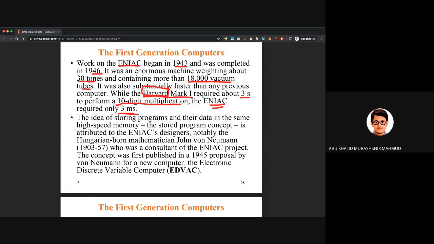So if you are asked what is the improvement from Harvard Mark I to the ENIAC computer, it is this point, that it takes very much less time compared to Harvard Mark I to calculate a 10-digit multiplication.